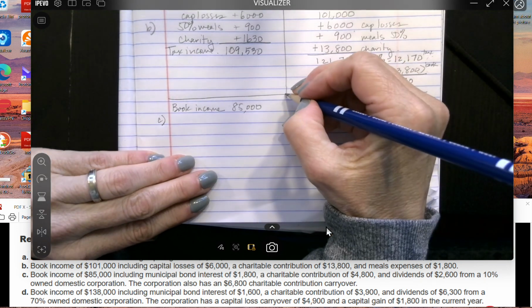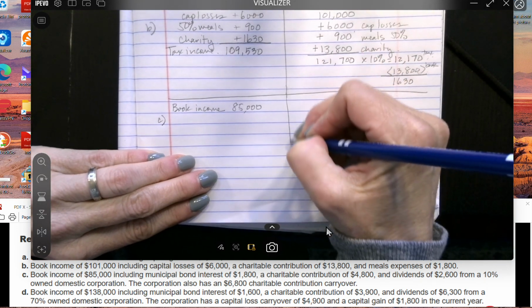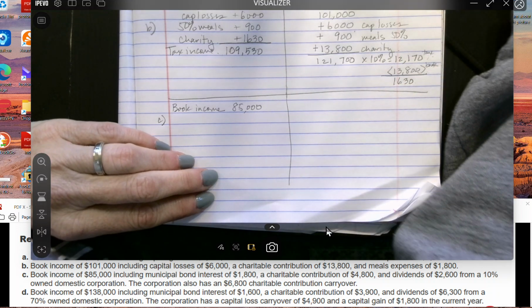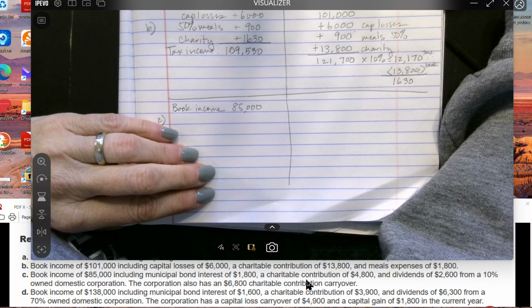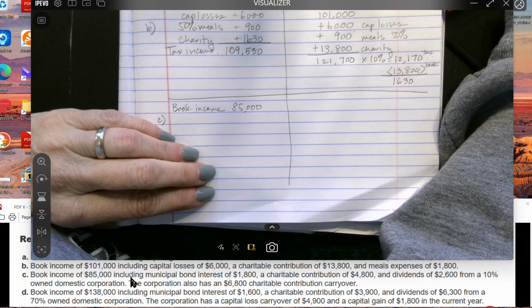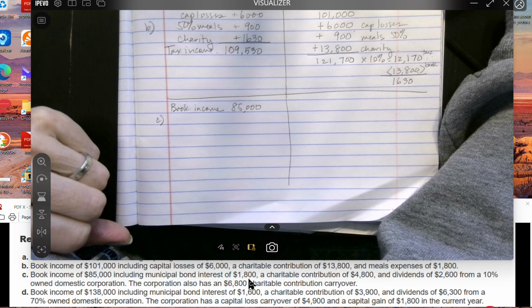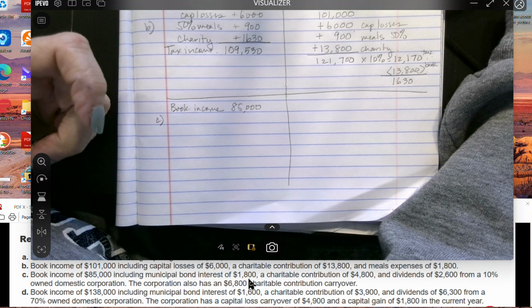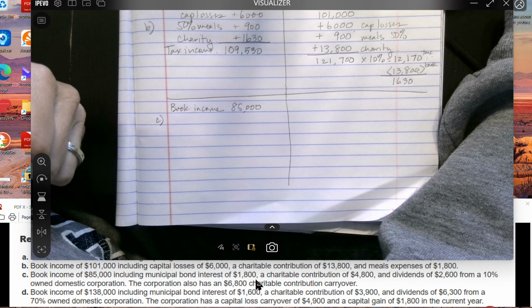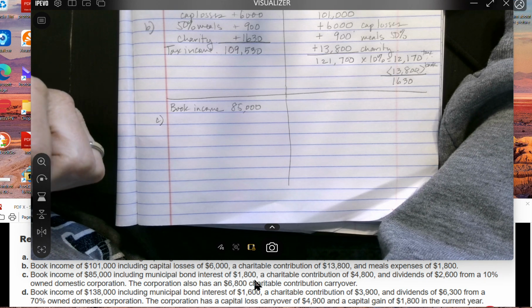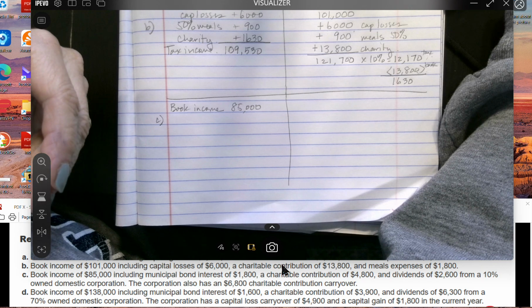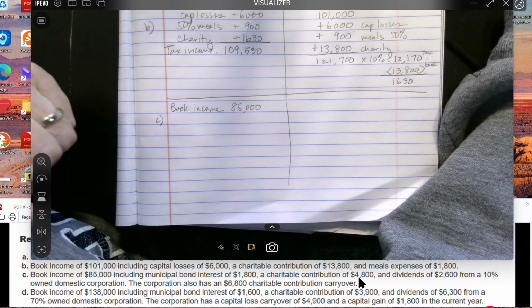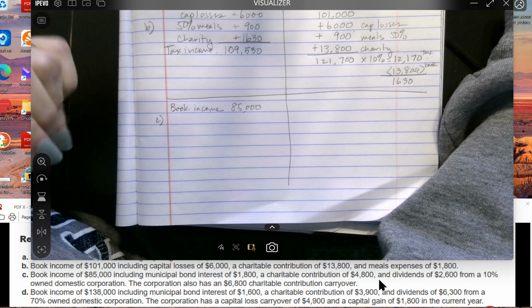And we have to figure out, once again, that 10% of taxable income because we've got some charitable contributions here. We have municipal bond interest. Okay, so that's something different. Remember, that is includable as income on the financial statements, but it is not includable as taxable income. We have a charitable contribution of $4,800.